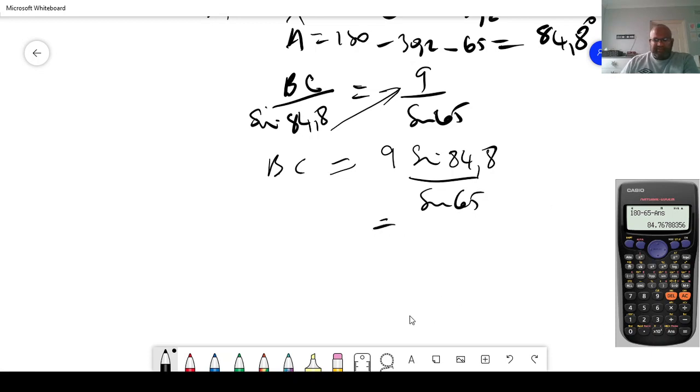Put that in a calculator: 9 sine 84.8 over sine of 65. That's going to give you 9.9 centimeters there.